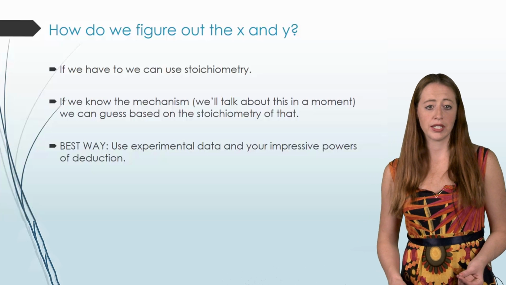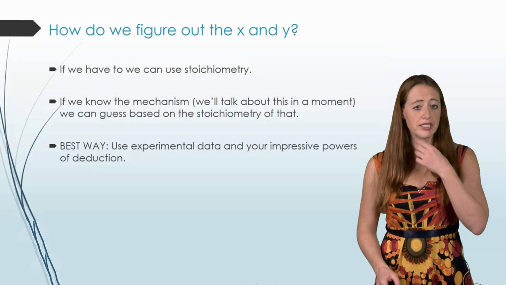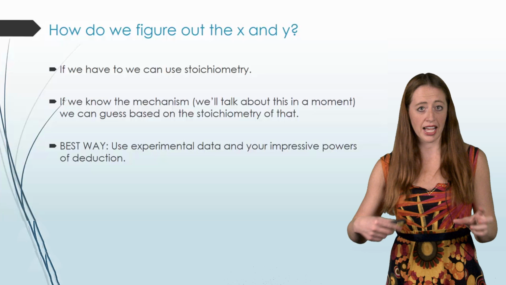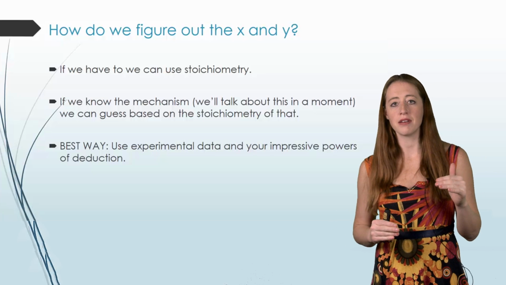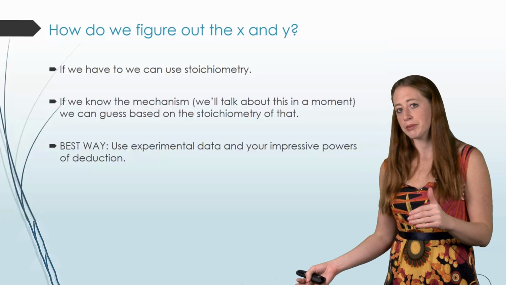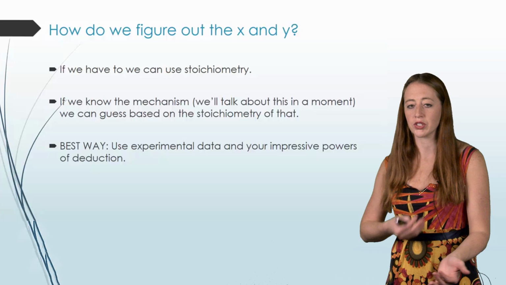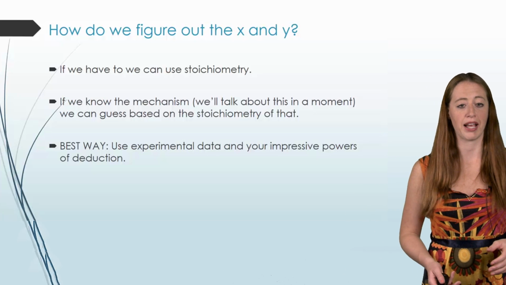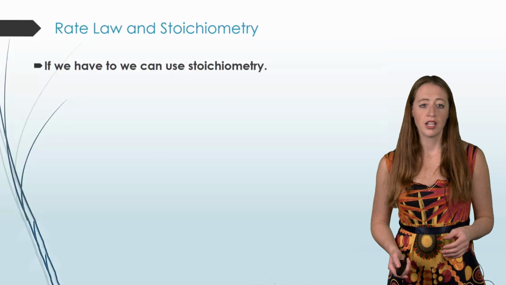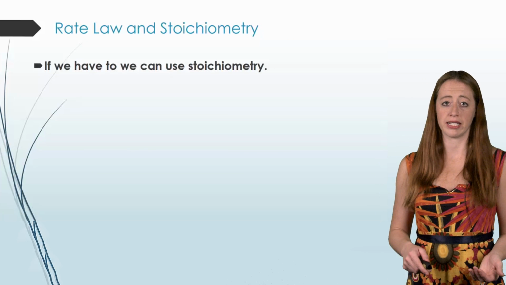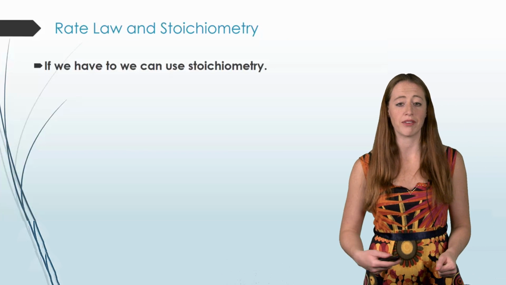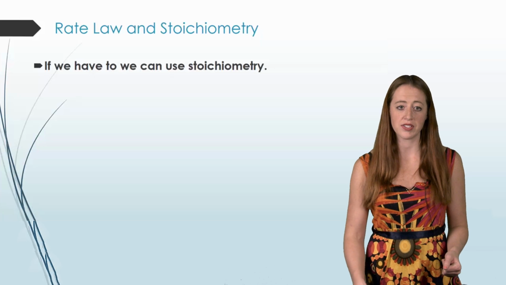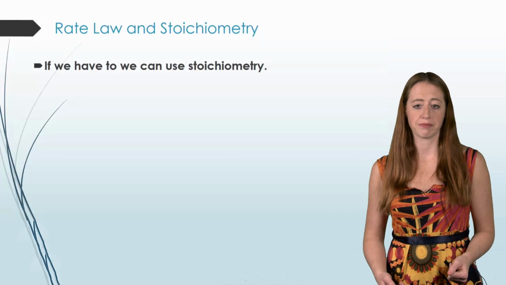Now, in reality, we typically end up looking at these last two and comparing them to decide, based on experimental data, is our mechanism correct, or trying to derive a mechanism? Real science tends to do a lot of going back and forth there. In this video, we're going to stick to using stoichiometry if we need to, just to get you comfortable with the idea of a rate law first, and then we'll move into the other ones.